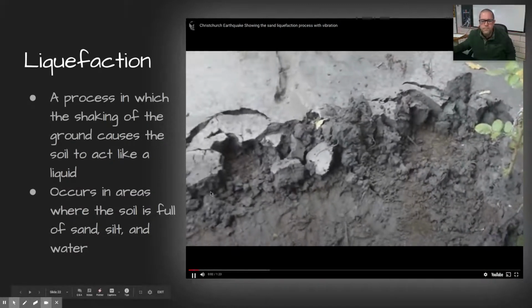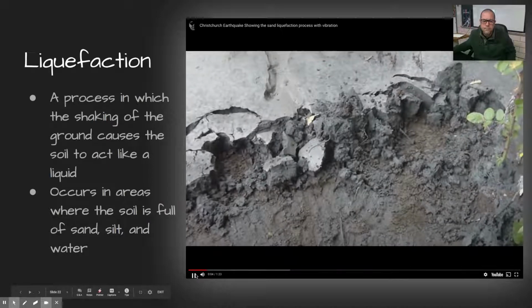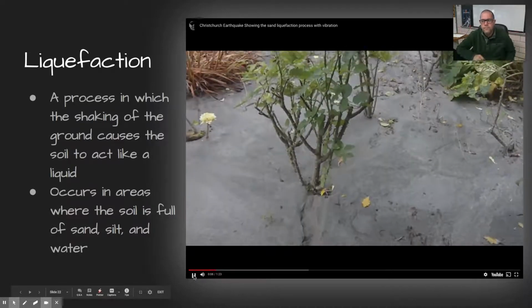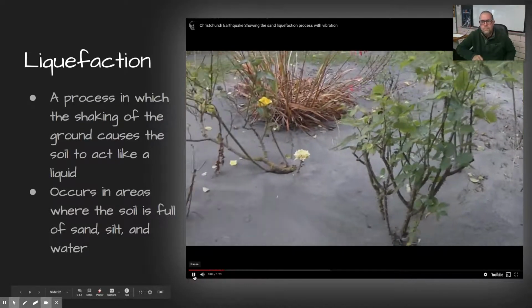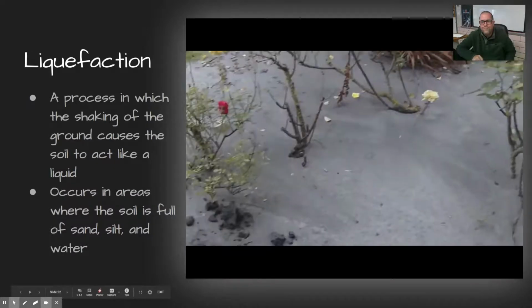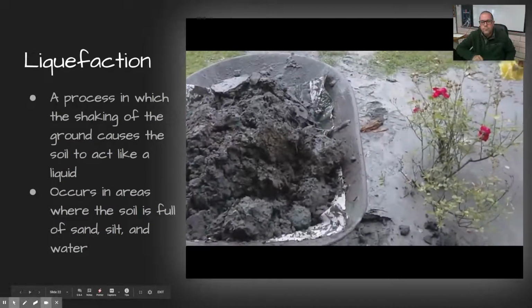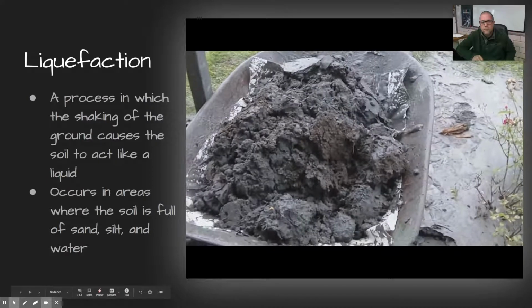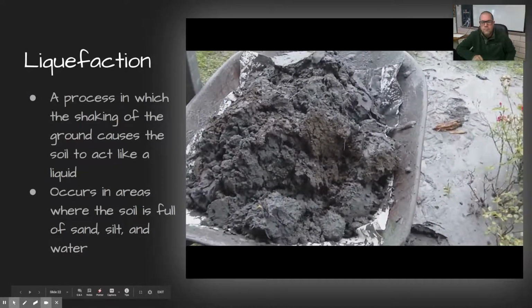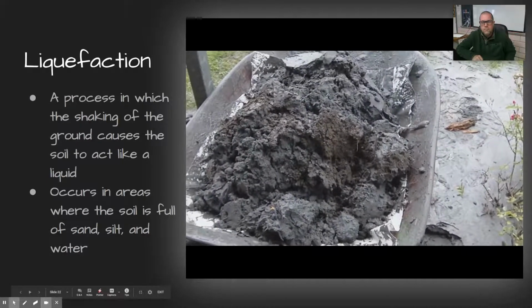So this is the liquefaction out the back. Dug it out, so you can see across the rose bed all this sand has just come up out of the ground, and I've got a wheelbarrow full of it at the moment. It looks quite solid. So you'll see this re-liquefy as we go back out to the driveway, particularly as we drive across the cobbles on the driveway.